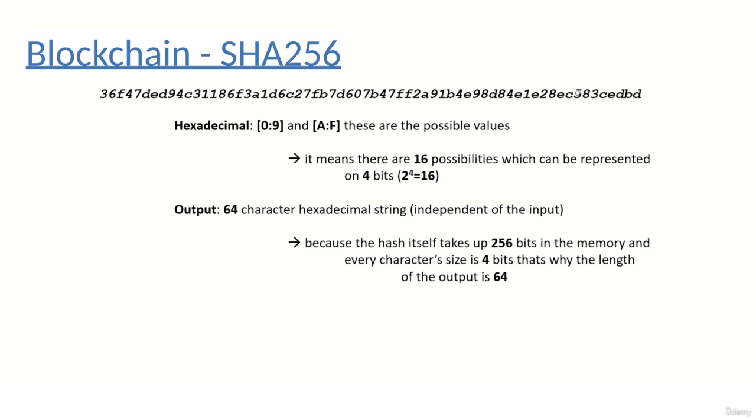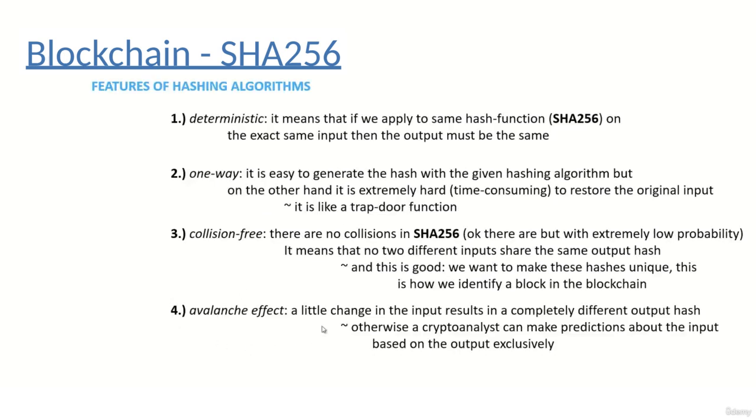What's very important is that after we generate the SHA-256 hash based on the values within a block, we want to make sure that no one will be able to reverse engineer this hash and get the data present in the given block. Basically, this is the aim of cryptography. This is why the avalanche effect is quite important, because it makes sure that a little change in the input results in a completely different output hash.